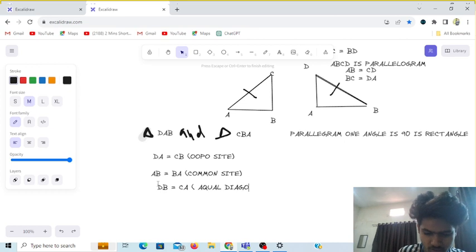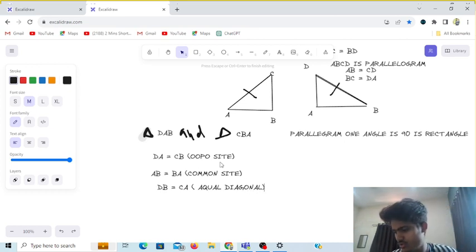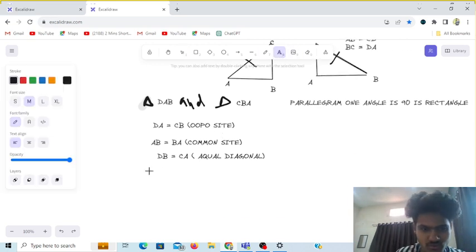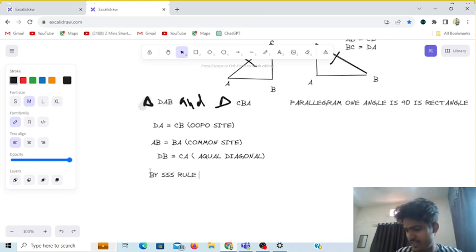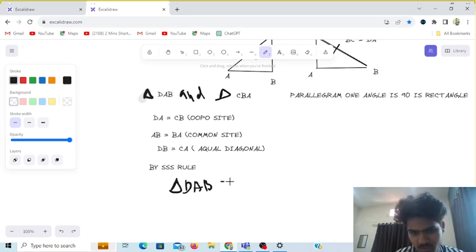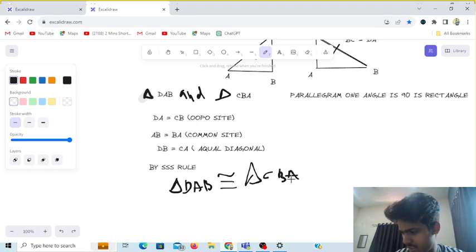Okay, so by SSS rule, we can write angle DAB is congruent to angle CBA, right?